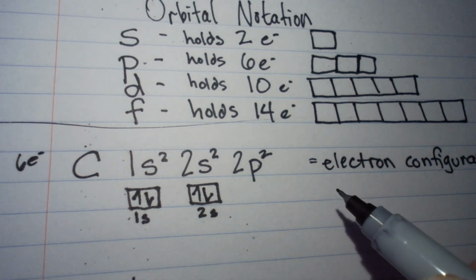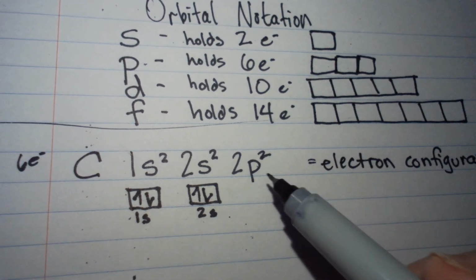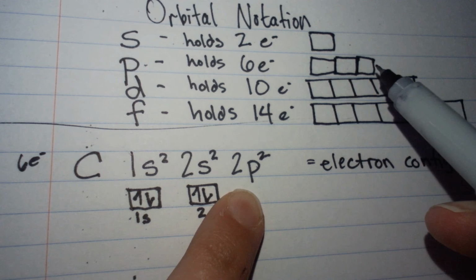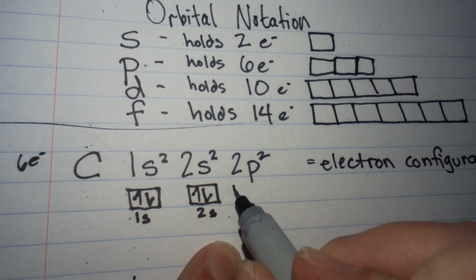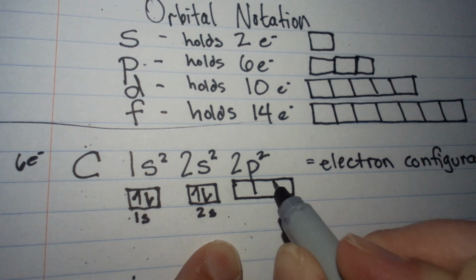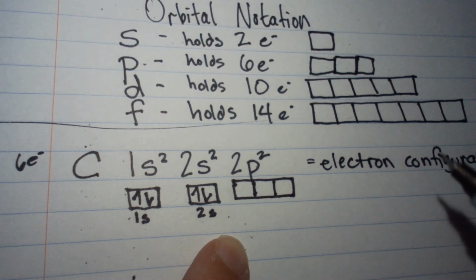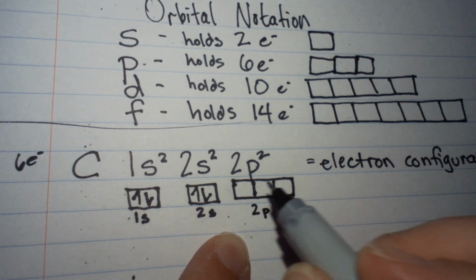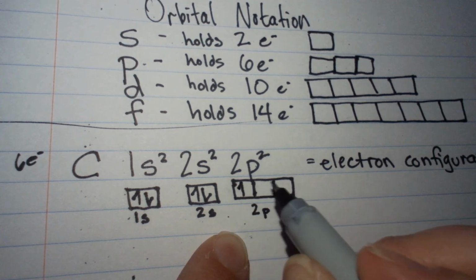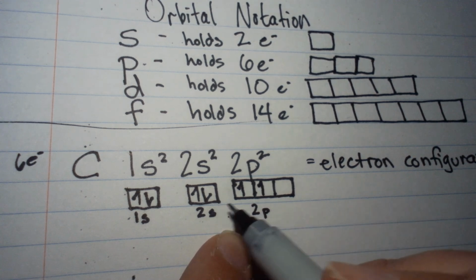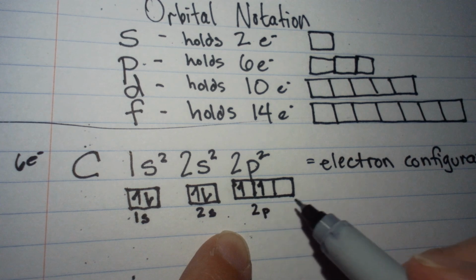So then for a p, how many boxes? We need 3 boxes for p. But this time we only have 2 electrons, so we're going to label it 2p. Those electrons are going to fill 1 in each box until we have to double up.